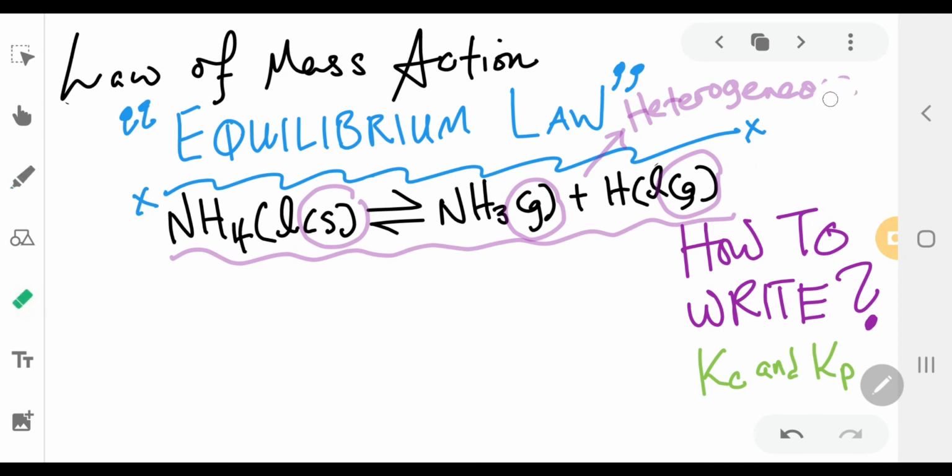I'm going to write that properly. Heterogeneous equilibrium, because it is a mixture of solids and gas inside the system. So how do you write the Kc and Kp for this?